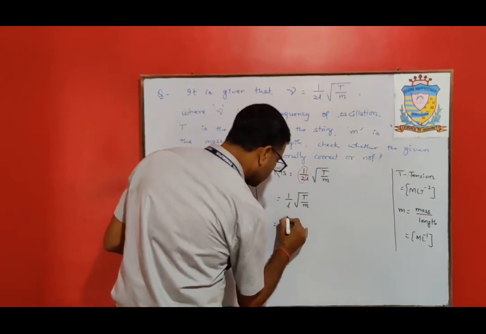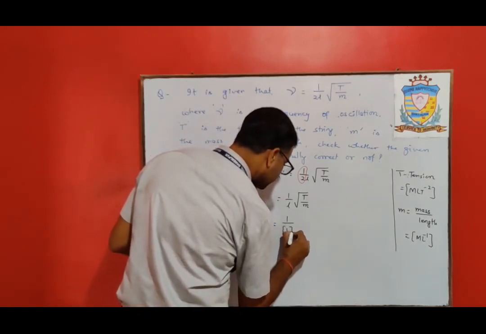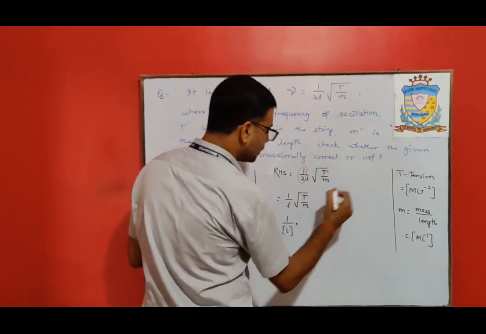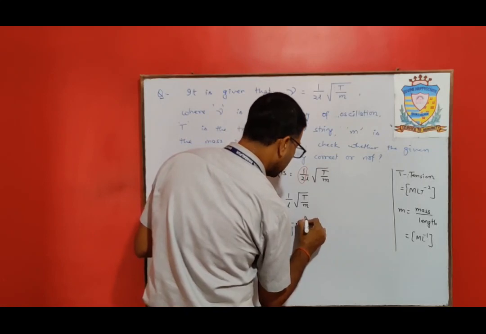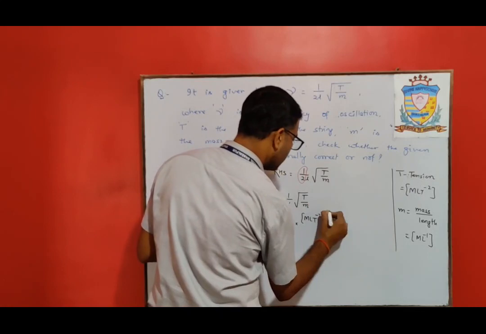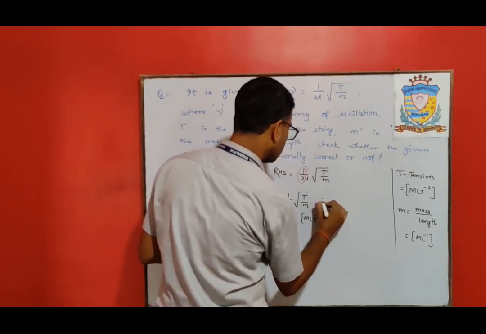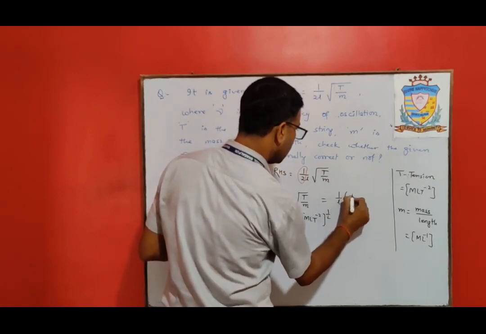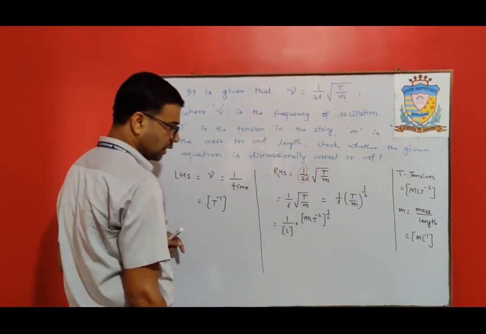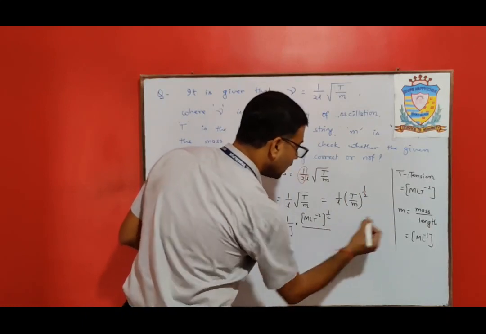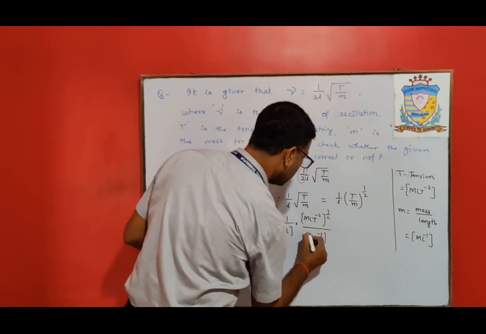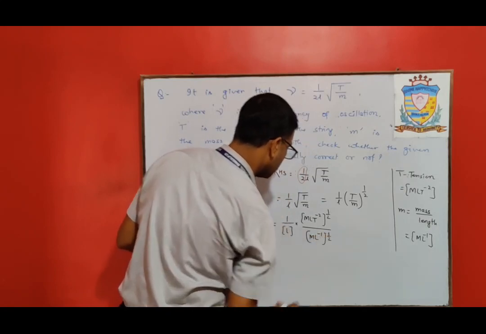Now 1 upon L into T by M. The dimensional formula for T is MLT minus 2, whole to the power 1 by 2, because this can be written as 1 by L, T by M whole to the power 1 by 2, because of the under root. Upon M, in place of M we can put ML minus 1 whole to the power 1 by 2.